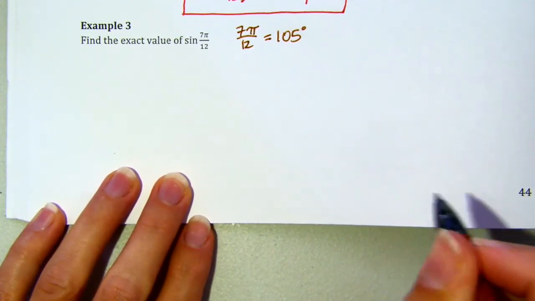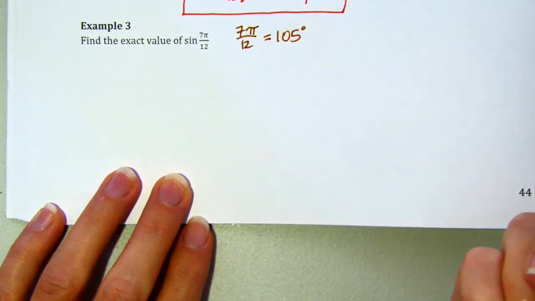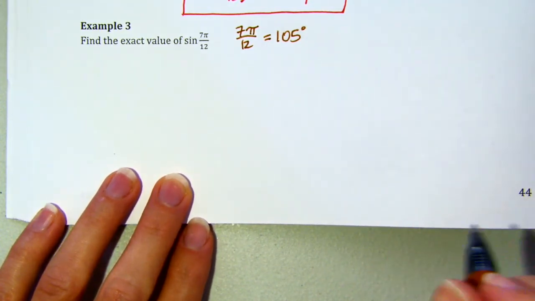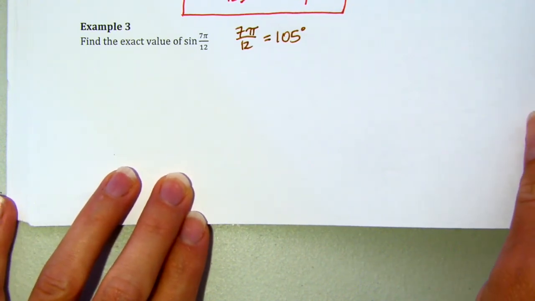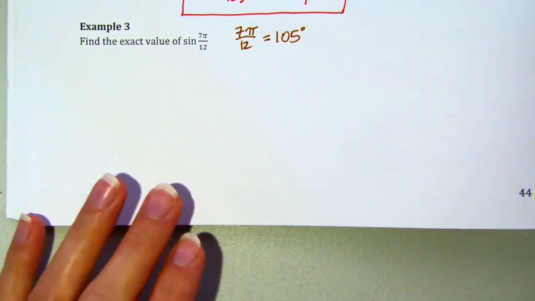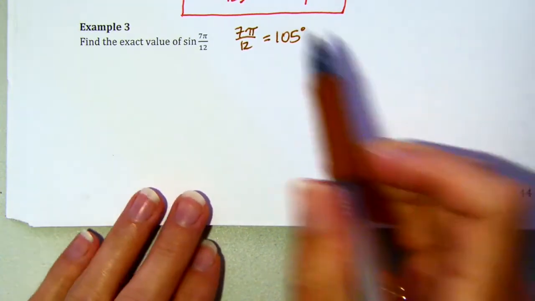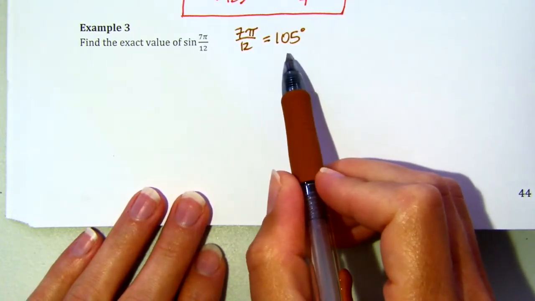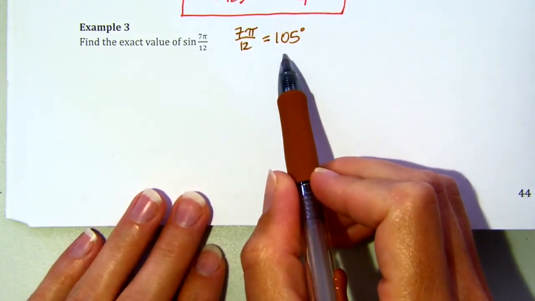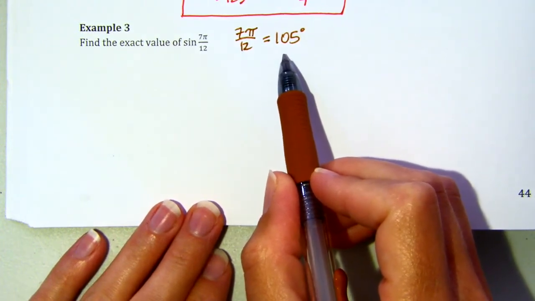You have the ability to determine whether you want to use a sum or a difference for this one. In the previous problem, in example 2, to find 15 degrees, there was nothing that we could add together to get to 15 degrees. However, here, we could add 60 and 45 to get 105 degrees, or we could also subtract.